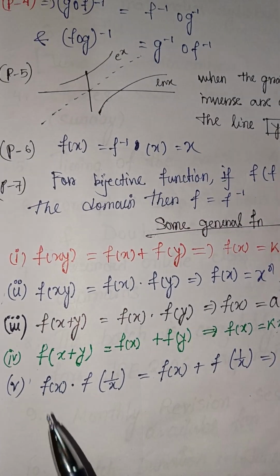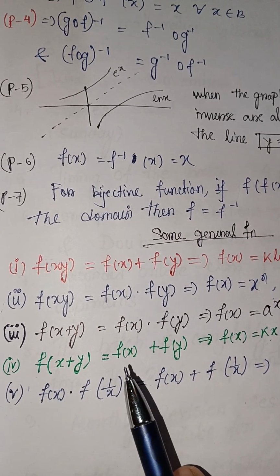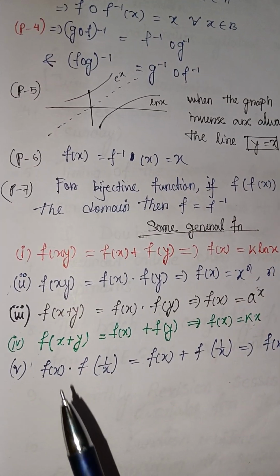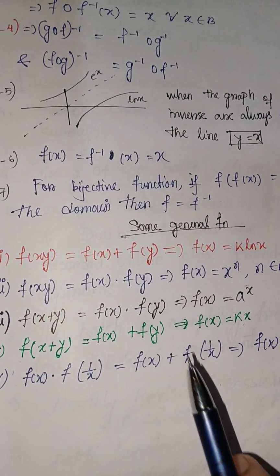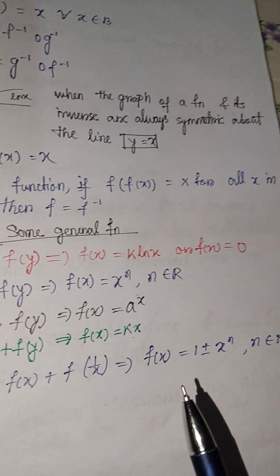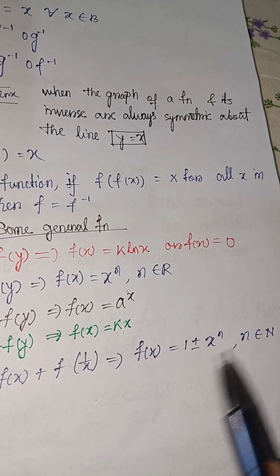Next, f of x plus y is equal to f of x plus f of y, that is f of x is equal to kx. Next, f of x dot f of 1 by x is equal to f of x plus f of 1 by x, that is f of x is equal to 1 plus or minus x to the power n, where n belongs to natural numbers.